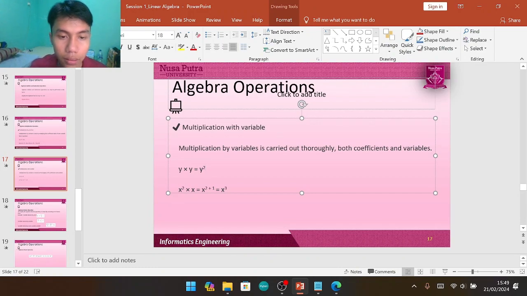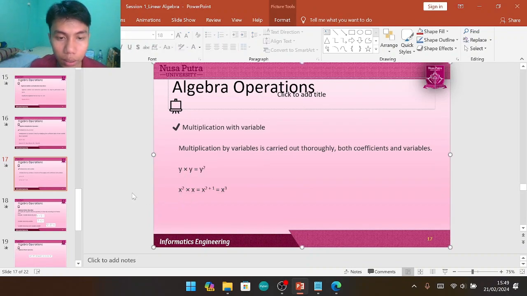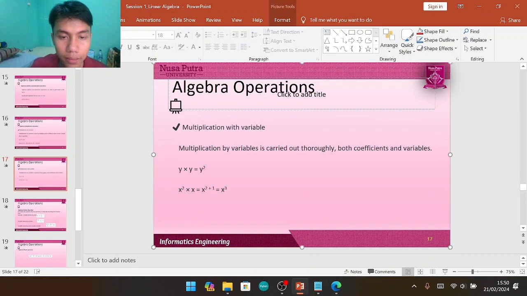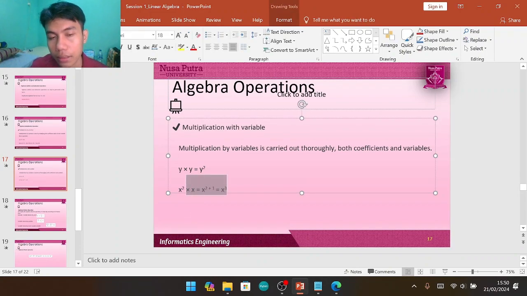There's also x squared multiplied by x, which can also be read as x power 2 + 1. So it becomes x power of 3, because of the exponent rules.